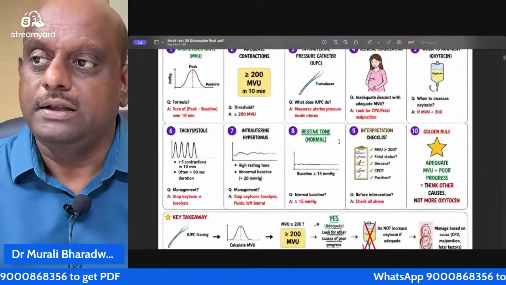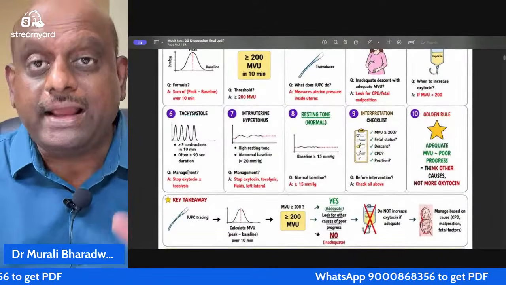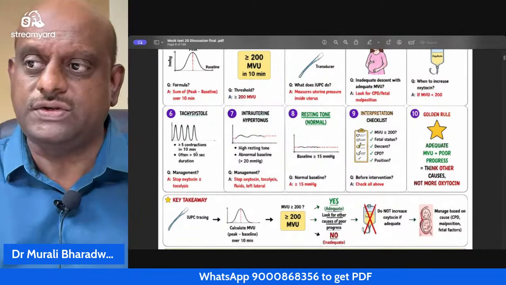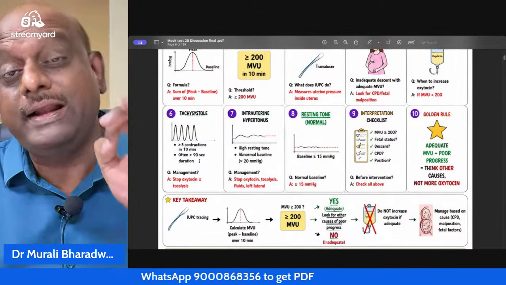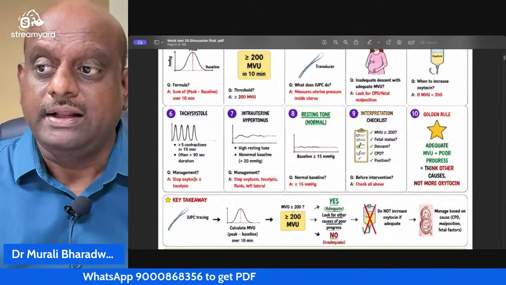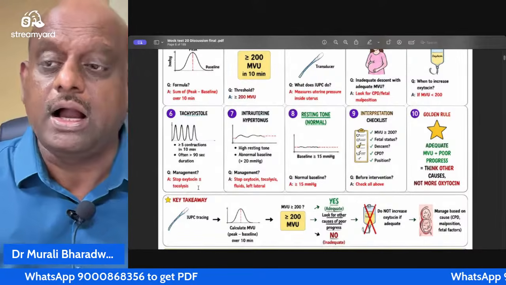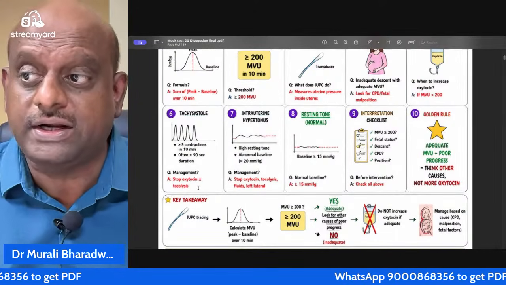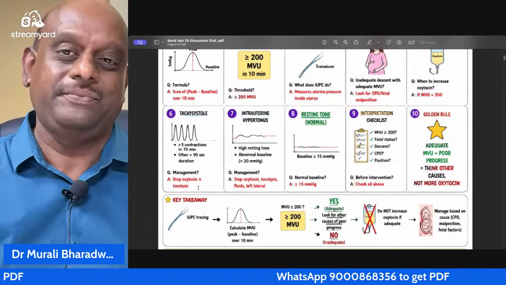And tachysystole, when there are more than 5 contractions in 10 minutes, often more than 90 seconds in duration, then you need to stop the oxytocin, and if required, you need to initiate a uterine relaxant. Tocolytic need to be given.